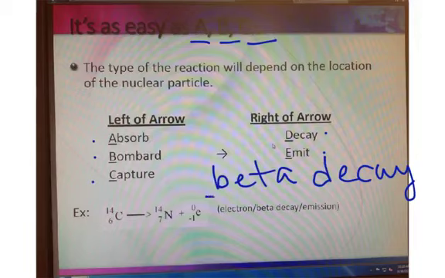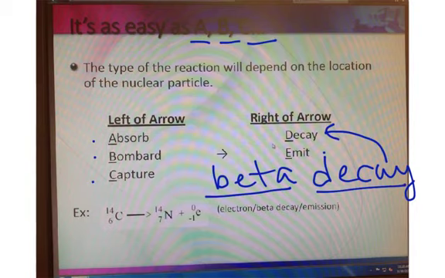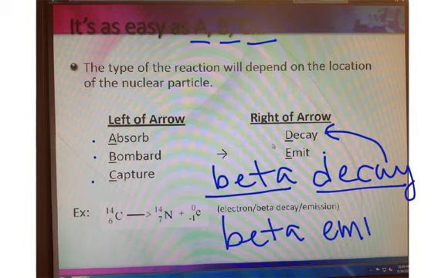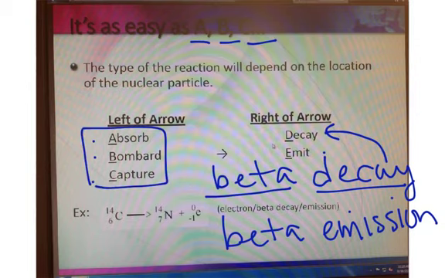What you are saying is that the beta particle is decaying, so therefore it would be on the right side of the equation. I could easily have said beta emission, and that too would be on the right-hand side. For all intents and purposes in this class, it really doesn't matter. You can use whichever one you want. You just have to be able to identify them. So if we use the terms absorb, bombard, or capture, those particles would be on the left-hand side of the arrow. Decay or emit is on the right-hand side.